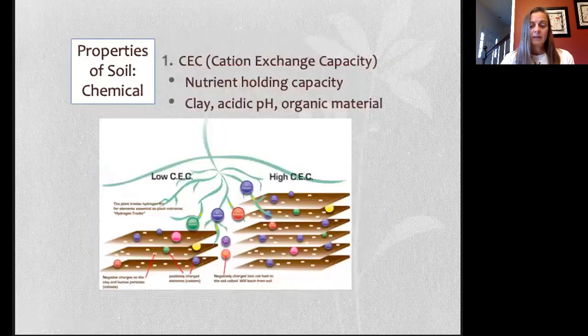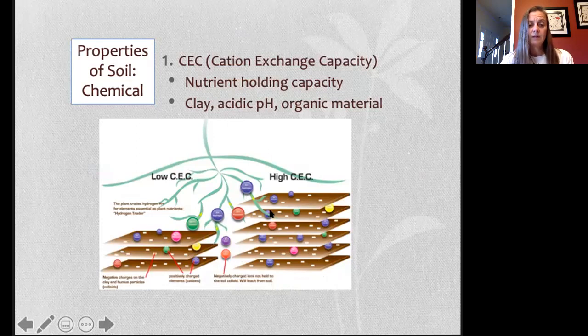Okay, let's talk about some of the chemical properties of soil. So the number 1 is what we call cation exchange capacity, or CEC. So soils that have a high cation exchange capacity actually have kind of a negatively charged soil.